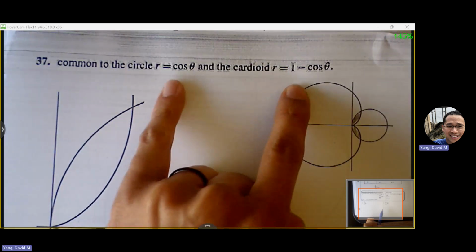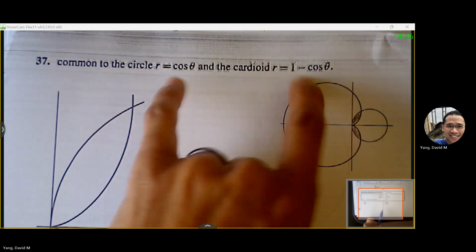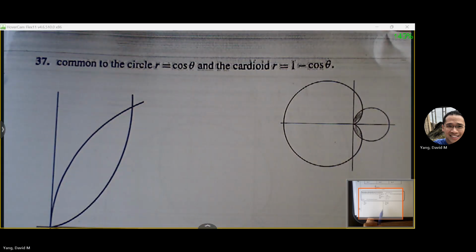So start off by finding your intersection. 1 minus cosine theta equals cosine theta. I get 2 cosine theta equals 1. So theta is either pi over 3 or 5 pi over 3. But pi over 3 is easier since that's just first quadrant.